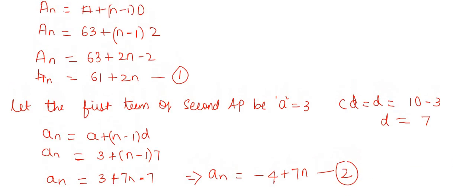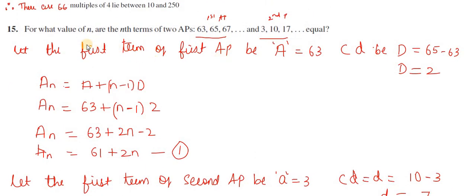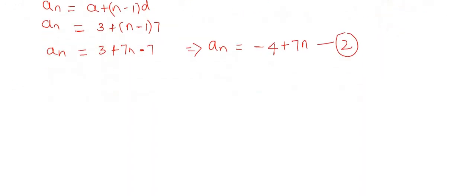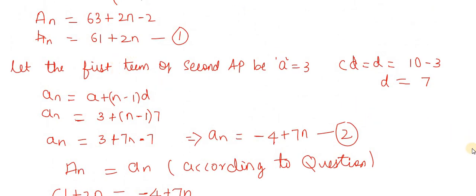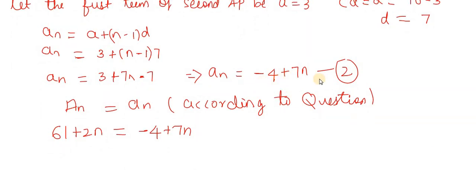Now, according to the question, for what value of n are the nth terms of the two APs equal? They are asking for what value of n capital An is equal to small an. We know what capital An is, and also small an, so you should equate these. So according to the question, 61 plus 2n is equal to minus 4 plus 7n. Because capital An is 61 plus 2n and small an is minus 4 plus 7n.